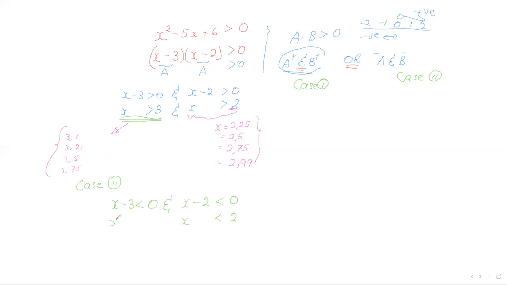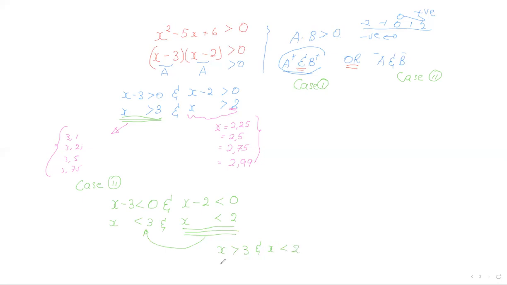This side, x is less than 3. Now, any number that is less than 2 is also less than 3. Therefore, we are going to choose this scenario here. So, our solution will be x is greater than 3 and x is less than 2.